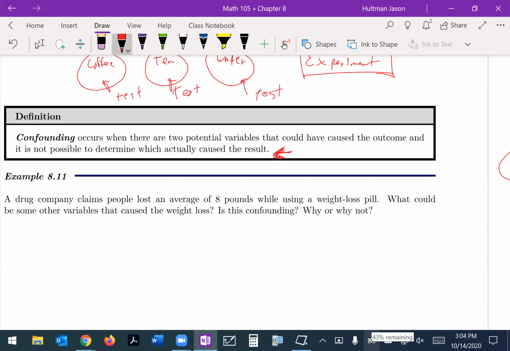Okay, so a drug company claims people lost an average of 8 pounds while using their weight loss pill. What could be some other variables or confounding variables that cause the weight loss? Is this confounding? Why or why not?